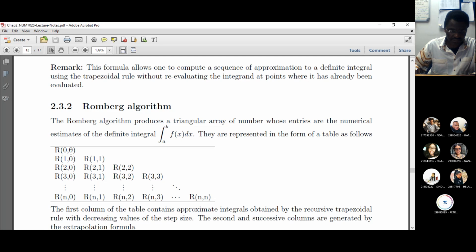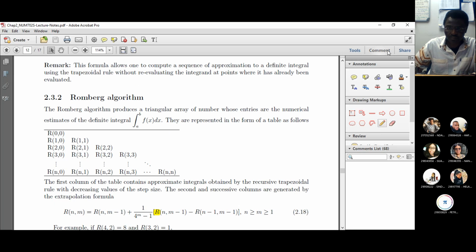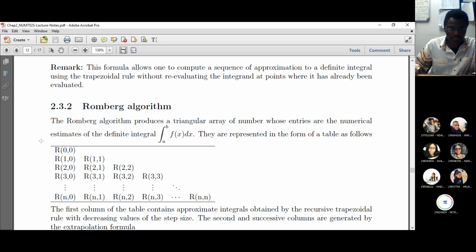You can see here. So this column is our TJ. This one.